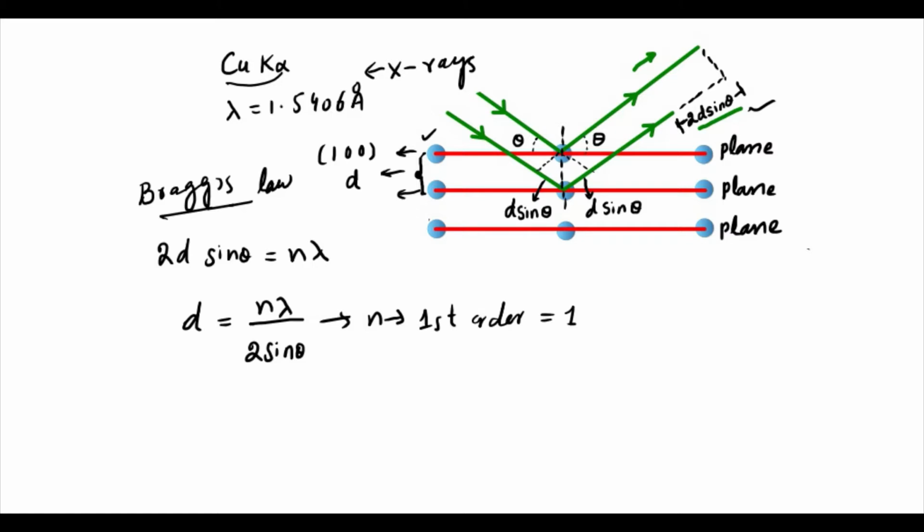So we have the n value, we have the lambda value, so we just need to find the angle, which can be obtained from the XRD data very easily.